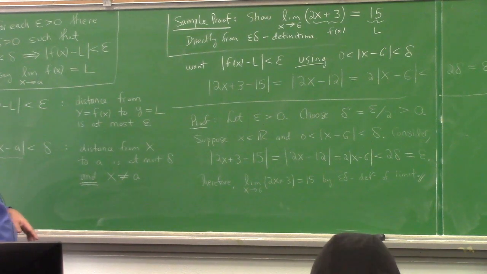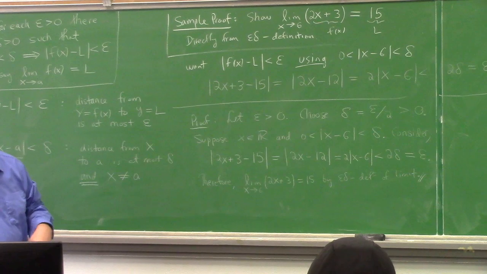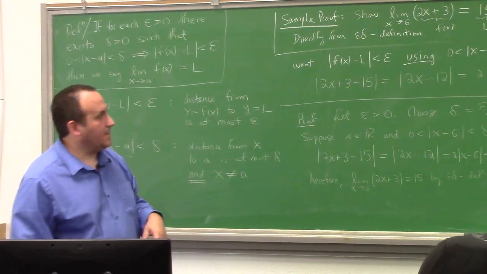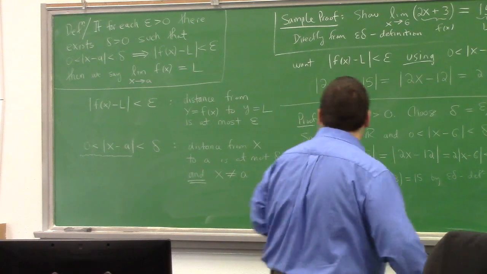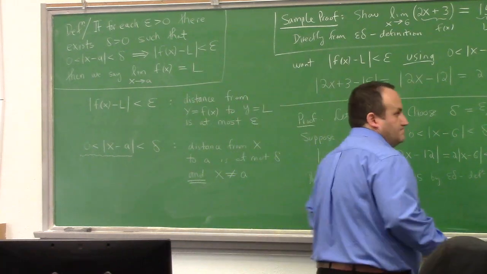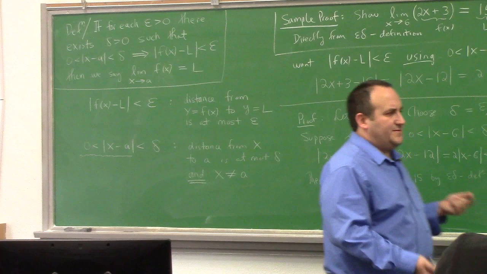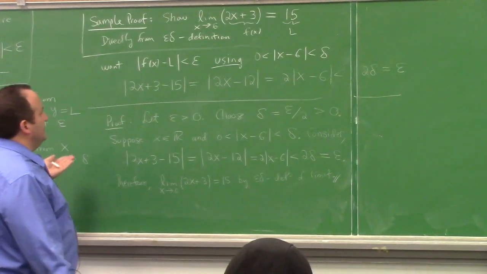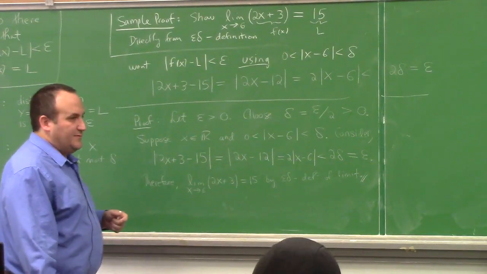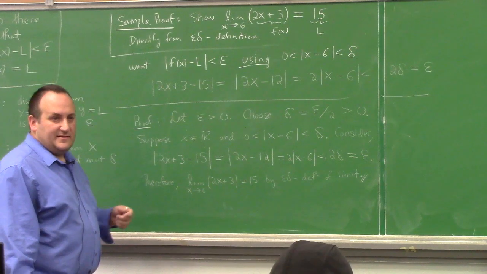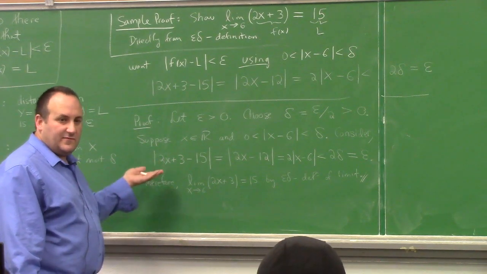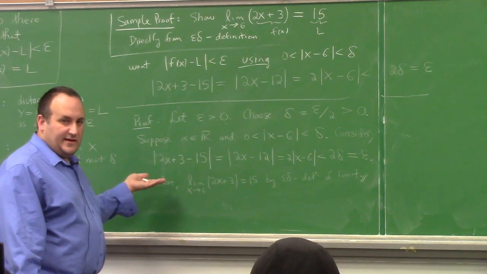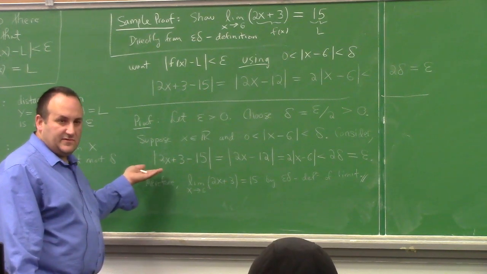Okay, with that said, I'm going to shift gears here and talk about limit laws, all right? If we always had to calculate limits from the epsilon delta definition, we would never get anything done. This is very, very tedious, even for a linear function, and it gets much worse with more complicated functions.